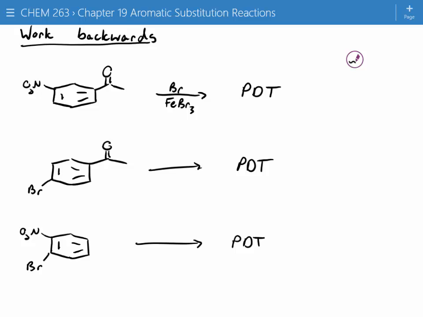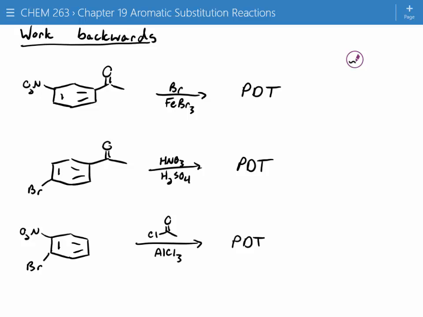That's the most common one. What about the next one when we're installing the nitro group? Yep, nitric acid and sulfuric acid. And then for the last one, we would need an acid chloride and aluminum trichloride. So the question is, which of these 3 would be the best?